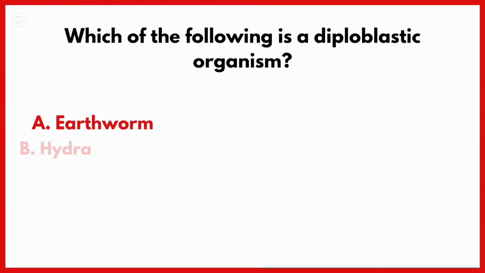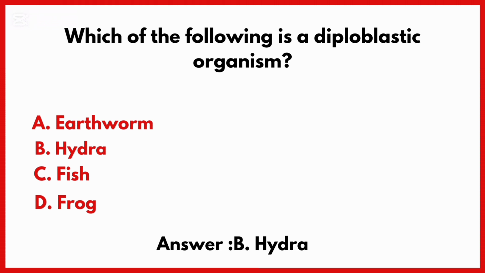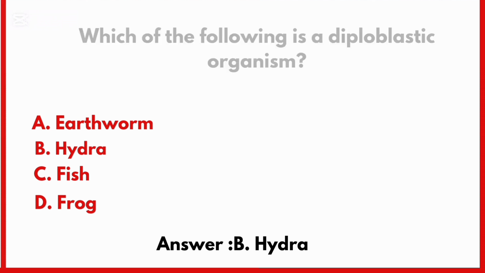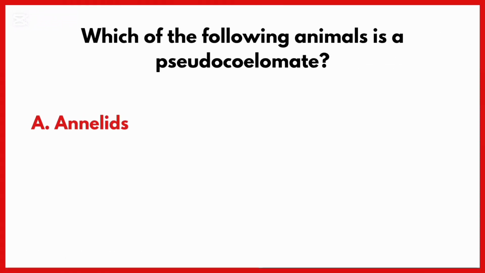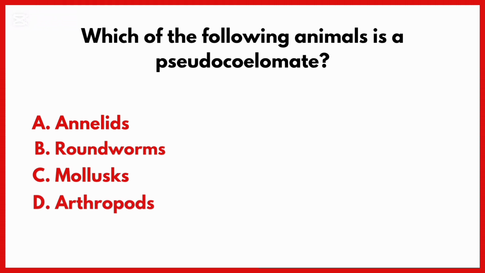Which of the following is a diploblastic organism? Correct answer is option B. Hydra is a diploblastic organism. Which of the following animals is a pseudocoelomate? Correct answer is option B. Roundworms.